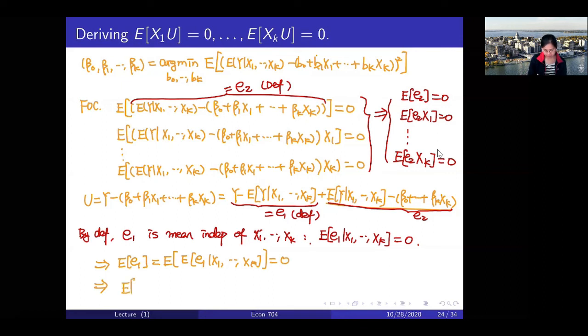So therefore, E of E1 times x1 equals the covariance of E1 and x1. This equation is due to E of E1 equals 0. And the covariance equals 0 because mean independence implies 0 correlation.